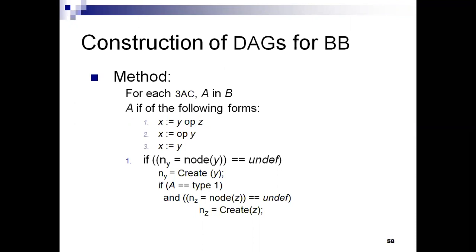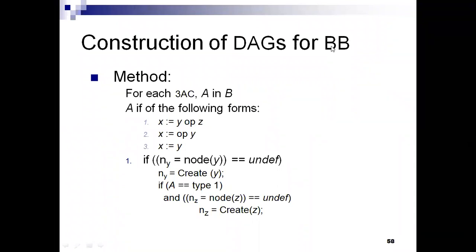And if y is undefined, then we need to create node of y. Similarly, if z is undefined, we need to create node of z. Is it clear? Again, I'm repeating: with the following statements, or cases, x is equal to y op z, x is equal to op y, and x is equal to y.